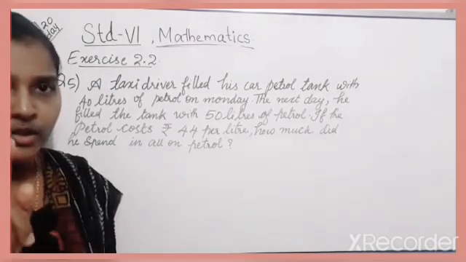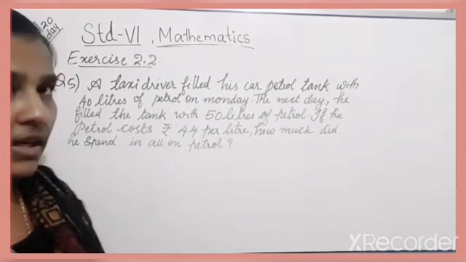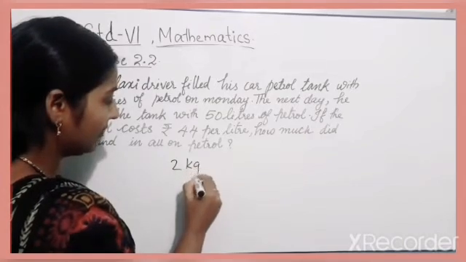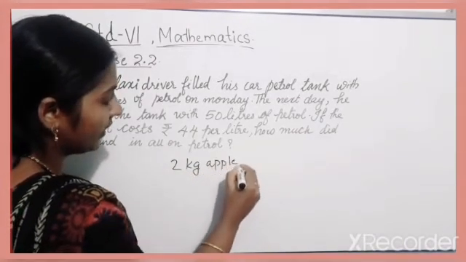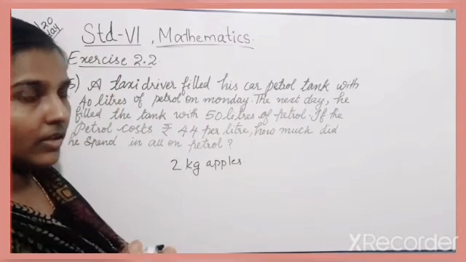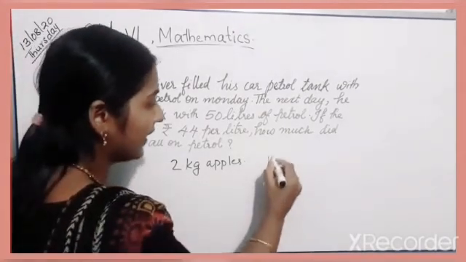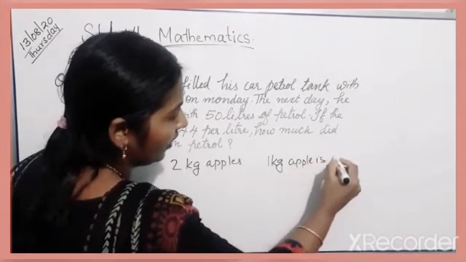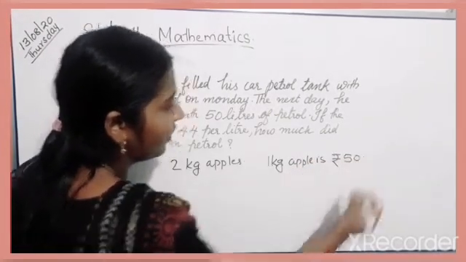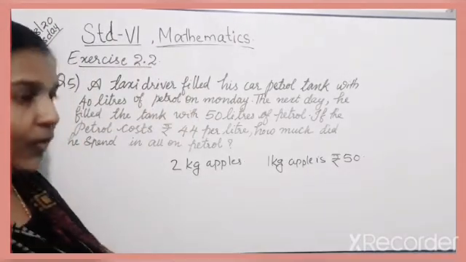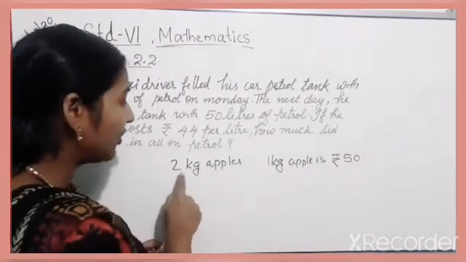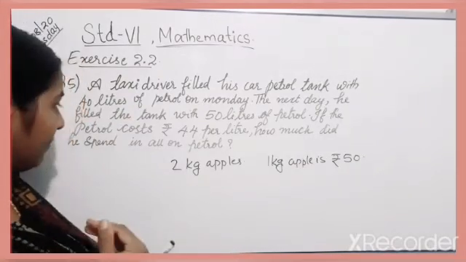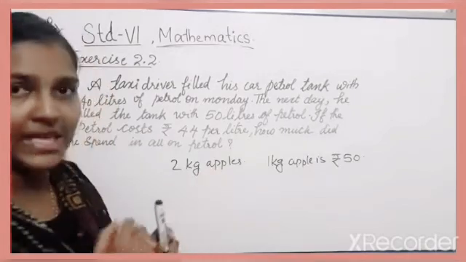I will tell you a simple example. I bought 2 kilogram apples and I give rupees 50 for 1 kg, and the cost of 1 kg apple is rupees 50. Okay, then what will be the cost of 2 kilogram apples, or how much money will I spend on 2 kg apples?